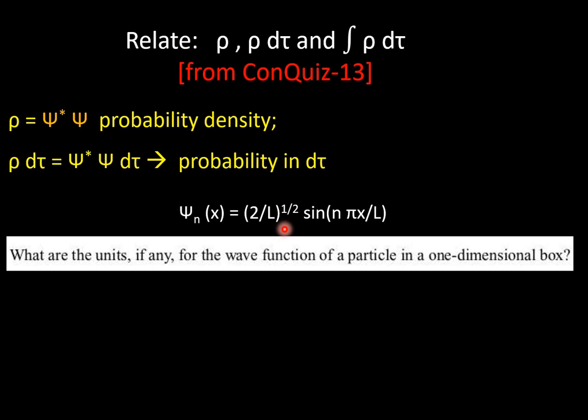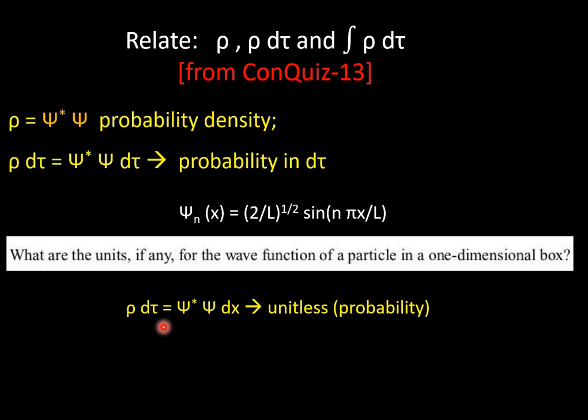But from the probability point of view, if the function looks very different, even then how can we answer the same question? Now rho d tau is psi star psi dx, right? And that is the probability in some d tau unit or dx unit.